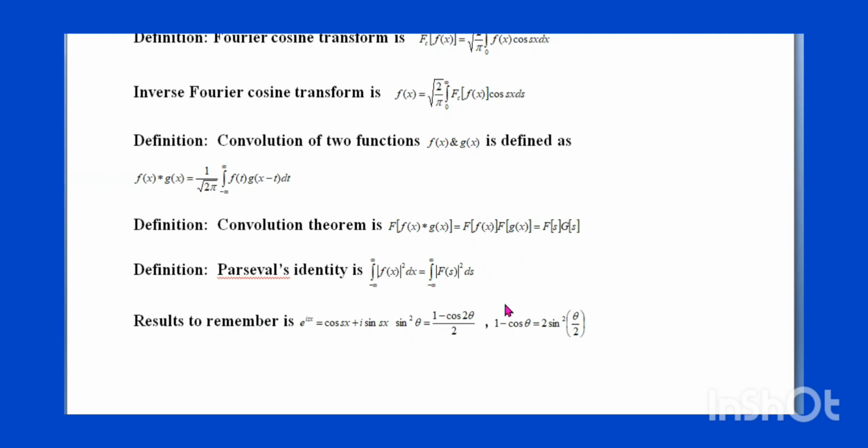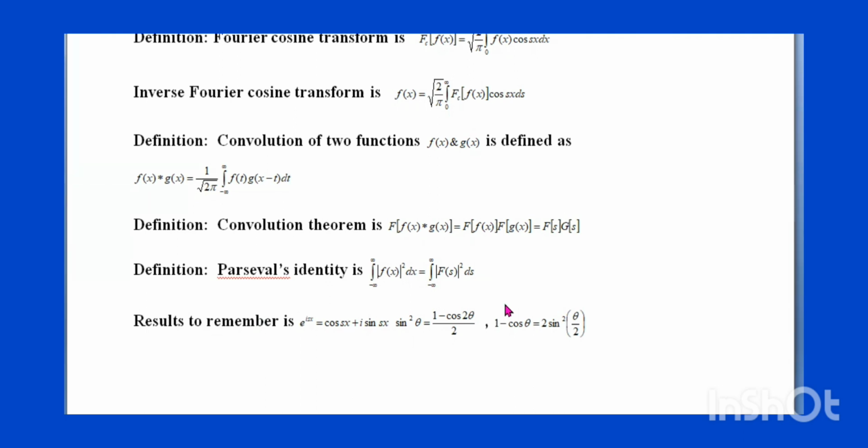When you are going to solve Fourier transform problems, the function will be given. For the given function, you have to first find the Fourier transform. Next, you have to find the inverse Fourier transform of the given function.